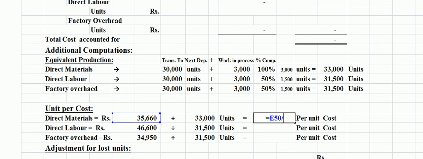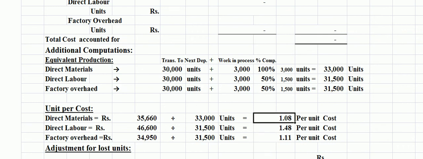This is the 1.08 per unit cost as a material. Now we have to copy it again here. So these are the other per unit costs, like labor and factory overhead cost here.